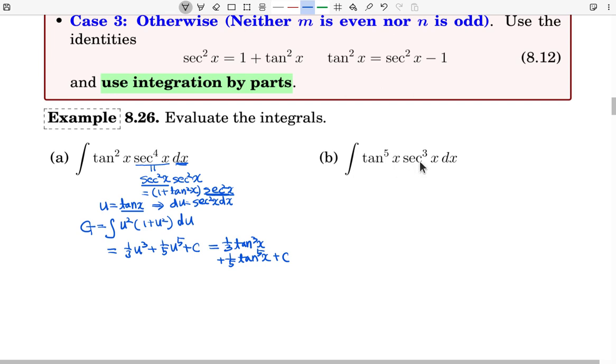So rather than that, here we try to put aside tangent and sec. That is the same as tangent 4th power of x, and then sec squared x times tangent of x and sec of x, right? Then we may try to use the substitution u.